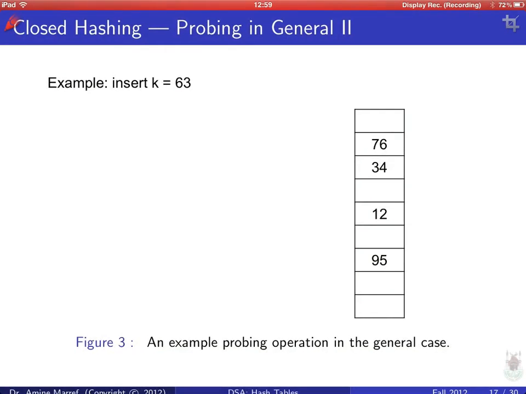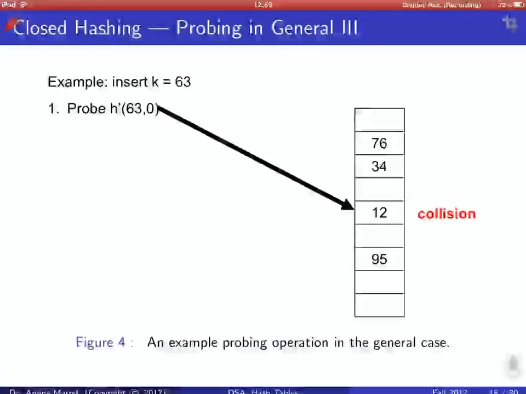Now, how do we do that? Let's say that the hash function tells us that we have to insert the element right here. However, as you can see, this place in the hash table is already full, so we cannot insert the element here.